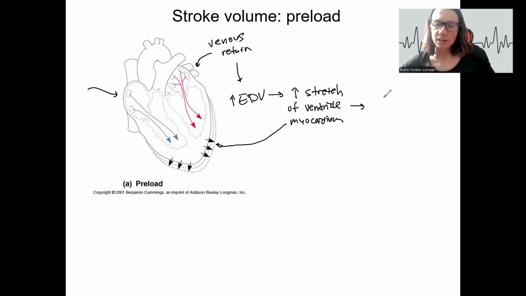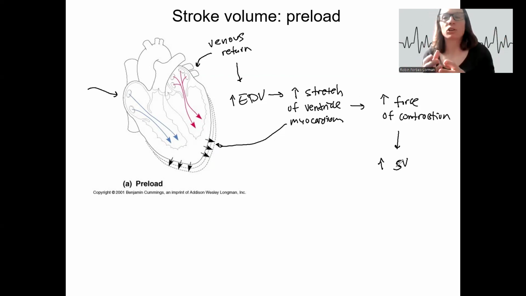So this is going to increase the force of contraction. That's going to increase stroke volume, right? Stronger push. This idea of increased stretch meaning increased contraction is maybe the part here that's not as intuitive.